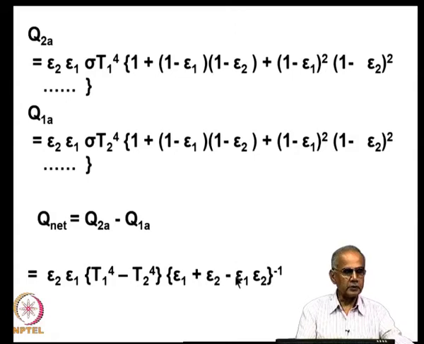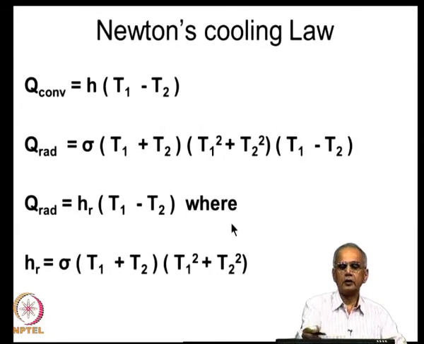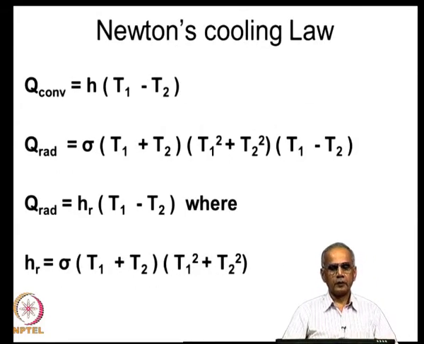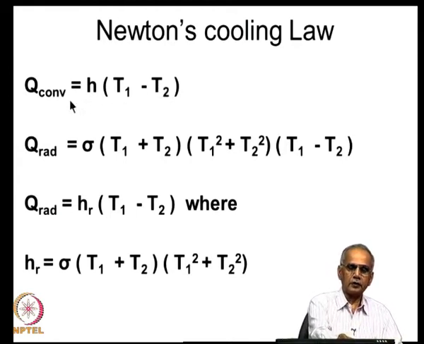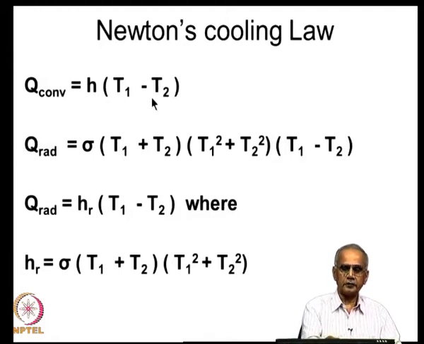And so this result can actually be expressed in a simple way in terms of Newton's cooling law. The standard law that comes from convection is heat transfer coefficient times temperature difference. In the case of radiation, for two black surfaces, it will be T1 to the power of 4 minus T2 to the power of 4.